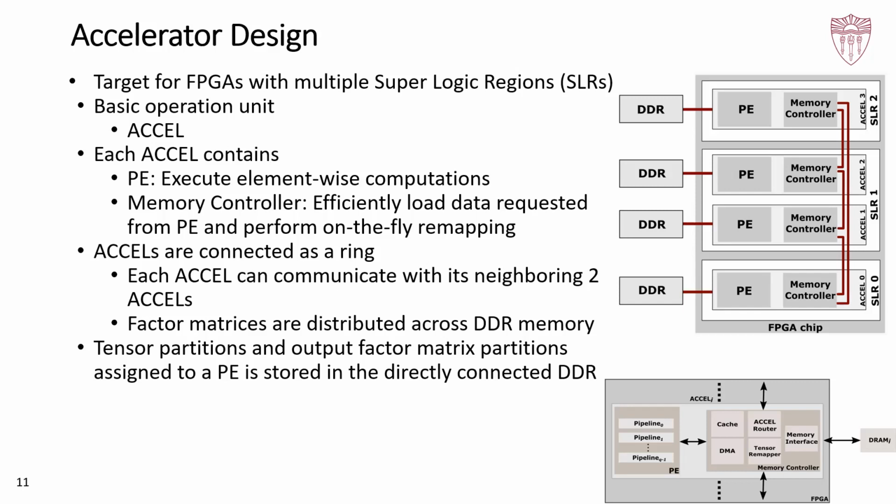So we distribute the input factor matrices across DDR memory, so these can be accessed by an axle through this ring connection if that factor matrix does not reside in its own DDR.